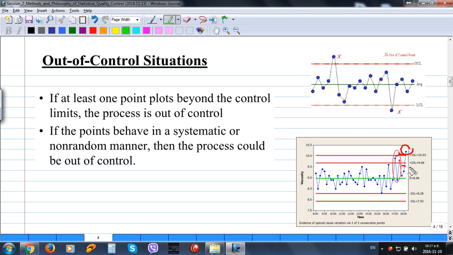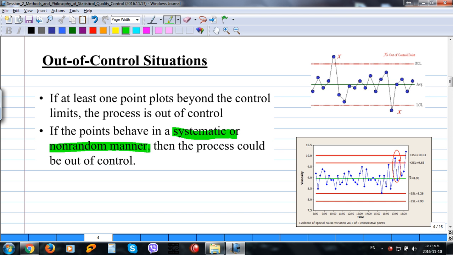If there is systematic behavior, it is also not a statistically in-control process. So even if the points are between the upper and lower control limits, the process can be out of control, because if the data points behave in a systematic or non-random manner, it could be out of control.